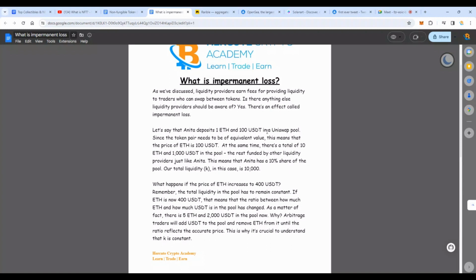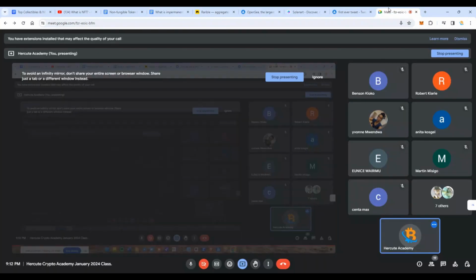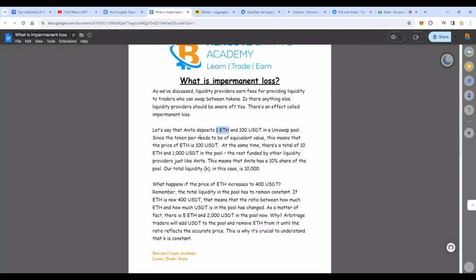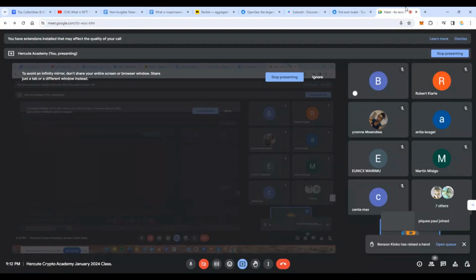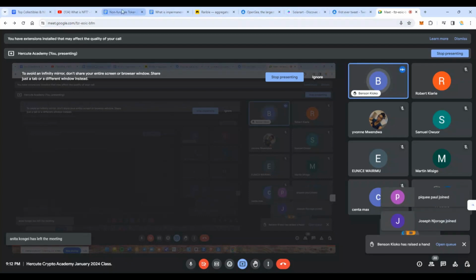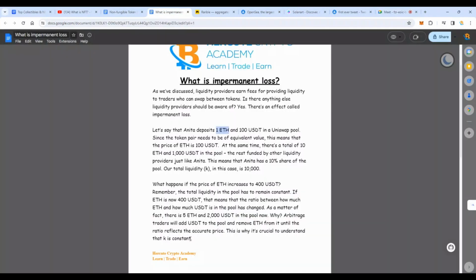So in our example here, we are assuming that 1 Ethereum is equivalent to how much? Someone. 1 Ethereum is equivalent to how much? Yes, Benson? 100 USDT. Correct, that's very correct. So 1 Ethereum is equivalent to 100 USDT.